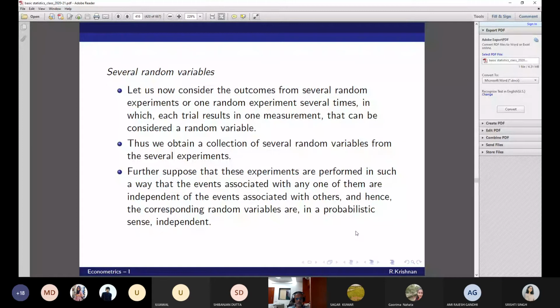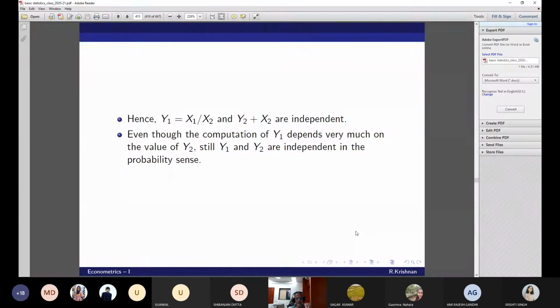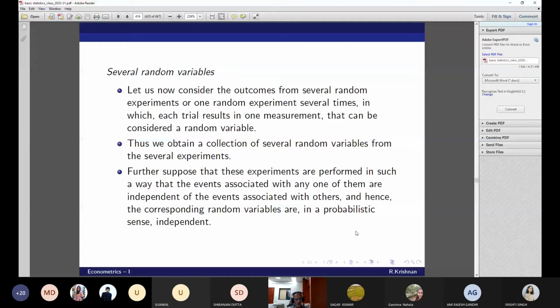So till this point, I must have sent you PPTs. What have we seen so far? We introduced random variables of the discrete and continuous type, and we saw other probability concepts attached to them, and we introduced discrete distributions and continuous distributions.